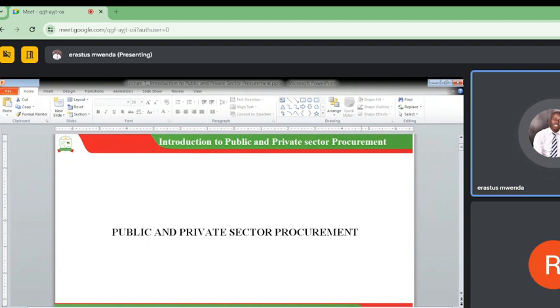Now, we're also saying the public sector refers to organizations owned and controlled by the government. That's also a very important clarification. When you're talking about public procurement or public sector organizations, what exactly are we referring to? And we are saying the purpose of the establishment of these organizations is to provide public services and delivery of different services to the citizens of a country, national health services.